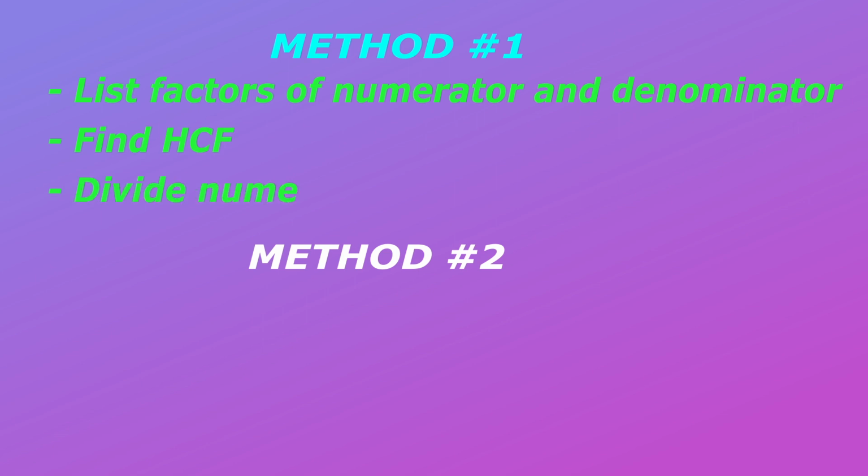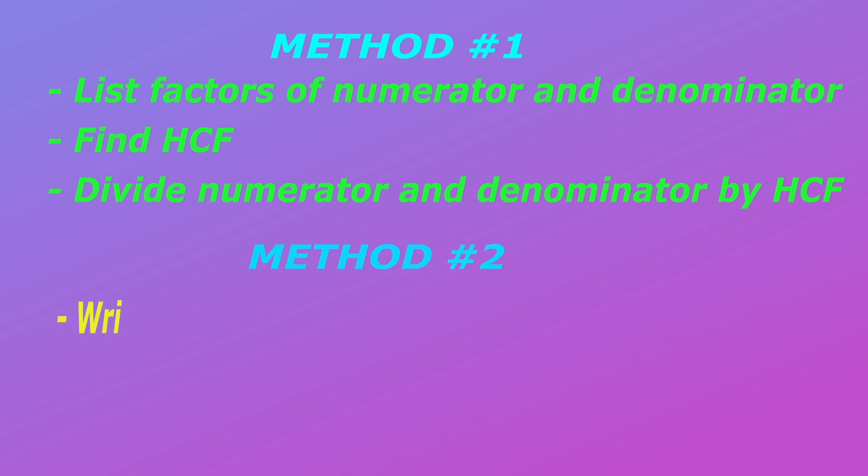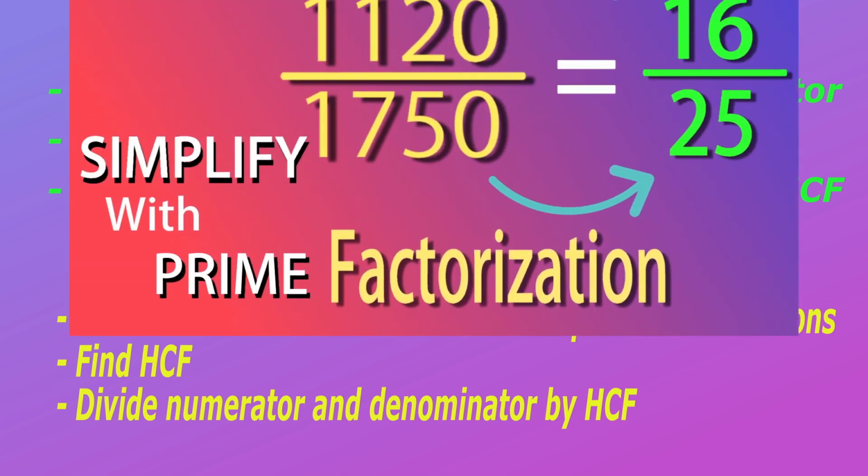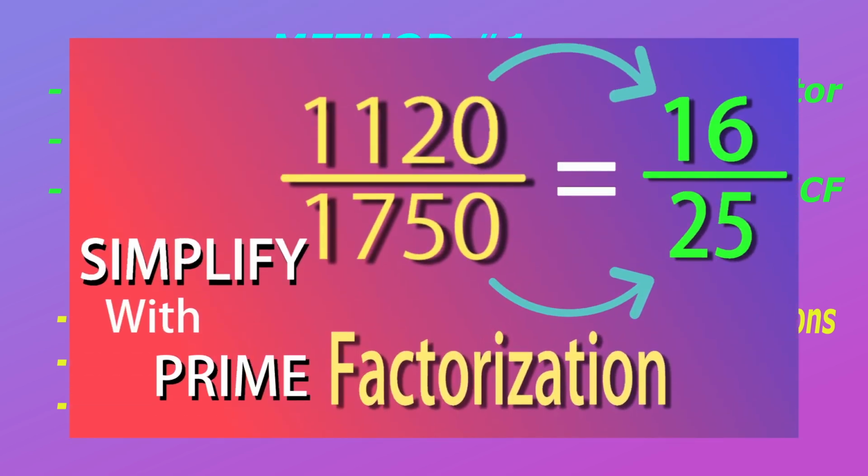You can either list the factors of numerator and denominator and search for the highest common factor, and then divide numerator and denominator by the highest common factor, or you can rewrite the numerator and denominator as prime factorizations and find the highest common factor that way, then divide. It doesn't matter which method you use. I've made a video explaining this, so check it out if you need to, since we won't be explaining how to find common factors in this lesson.